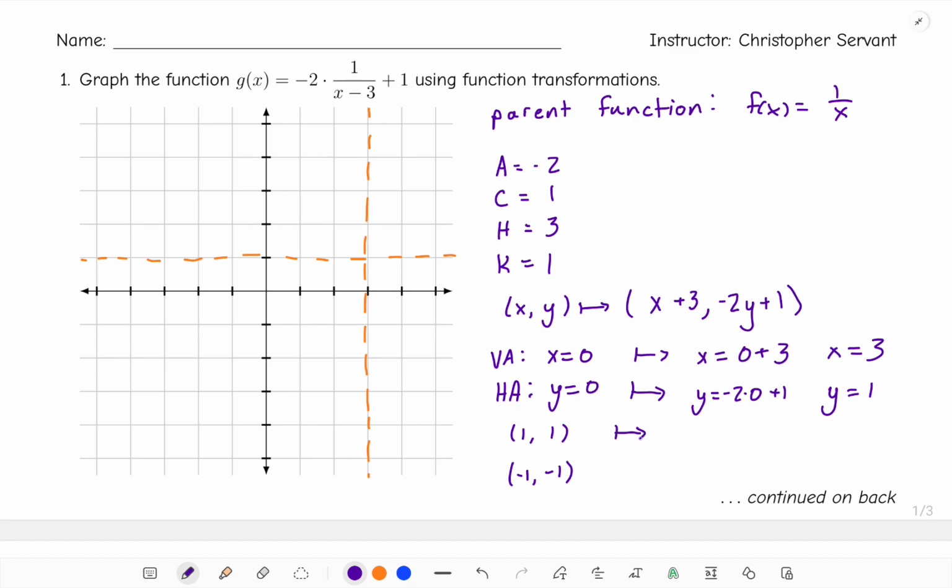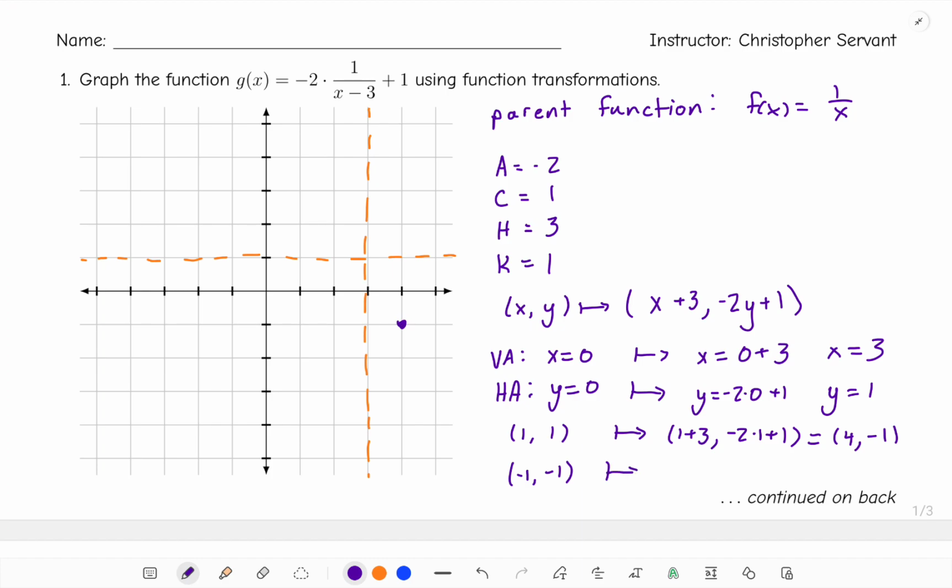Then 1, 1 gets mapped to 1 plus 3, -2 times 1 plus 1, which is 4, -1. So there's one of our points.